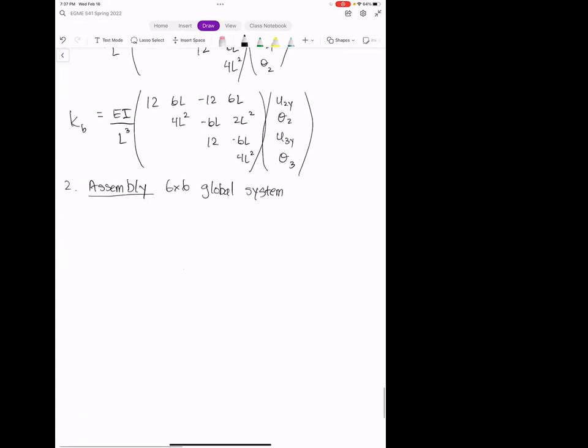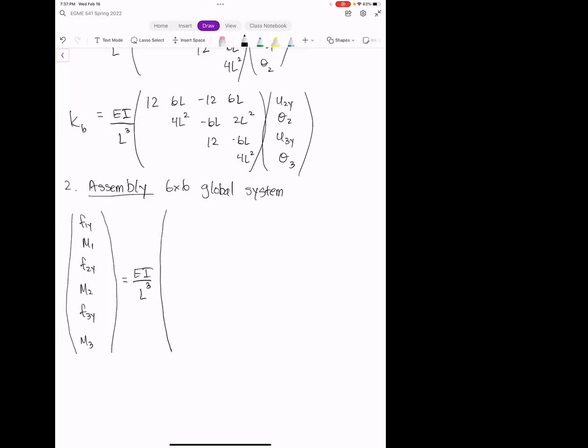All right. And so let me go ahead and do this. We have F1y, M1, F2y, M2, F3y, M3. Okay, so those are all our forcing elements there. Just to make things simple for us, I'm going to factor out an EI over L cubed, so it's going to be the same on both.